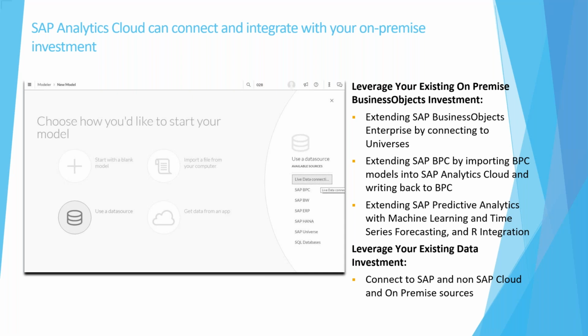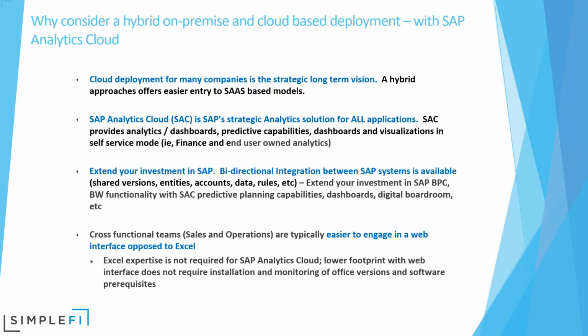The SAP Analytics Cloud does hook in directly to SAP data sources. You can pull in flat file data sources or pull in from SQL as well, but there's built-in integration with BPC, BW, ERP to help you extend the investment that you already have in your underlying SAP infrastructure.